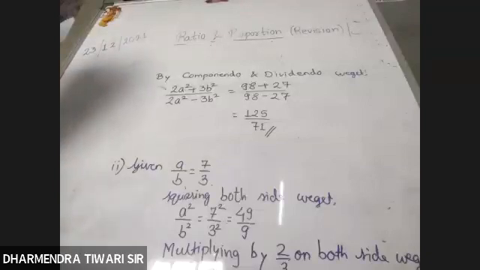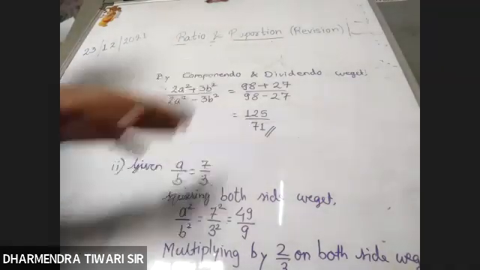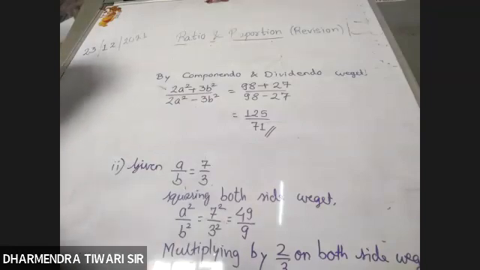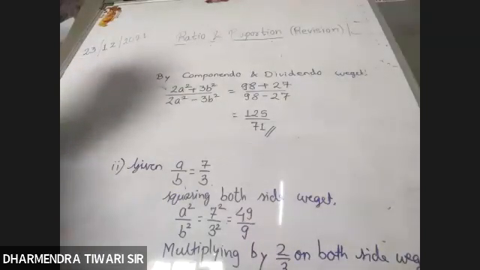So we got the answer as 125 divided by 71. As we can see, nothing is common in them, so this is the final answer.